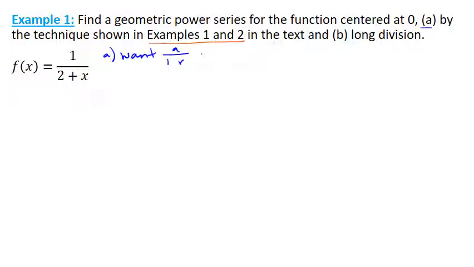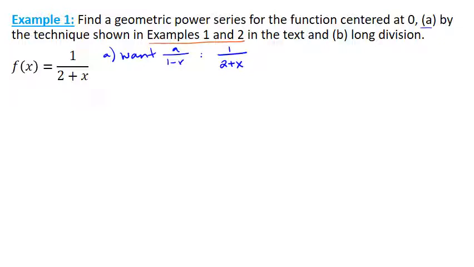So we have 1 over 2 plus x. I need to manipulate this so it looks like this. Now, this should be a minus. We want a minus there, okay? So I need to change these two things.